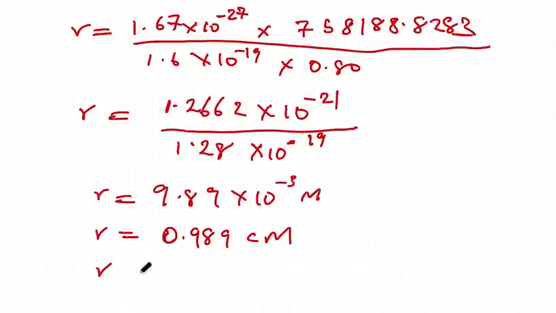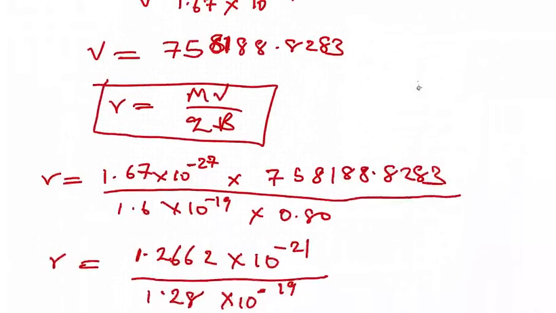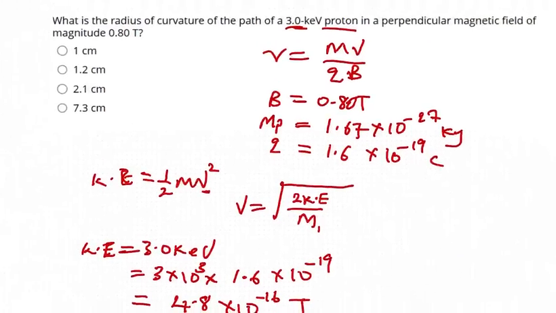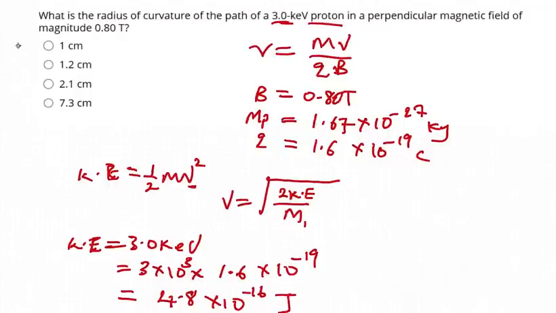Rounding it off to the nearest whole number, we can say that this is equal to 1 cm. Going back to our options, we can see that option 1 is the correct answer.